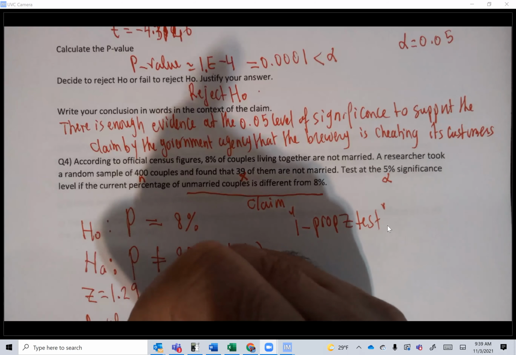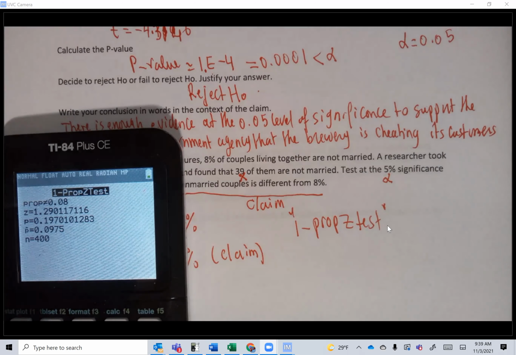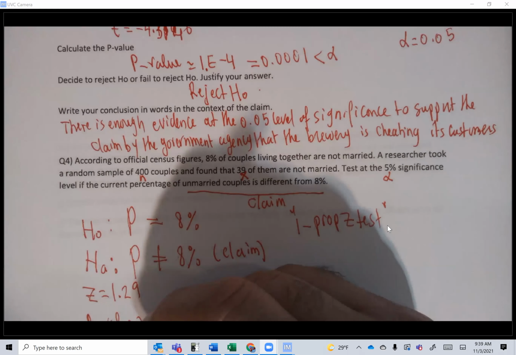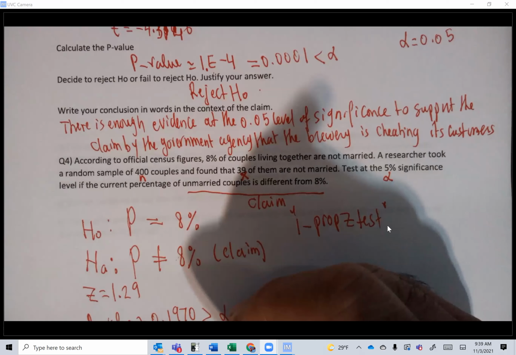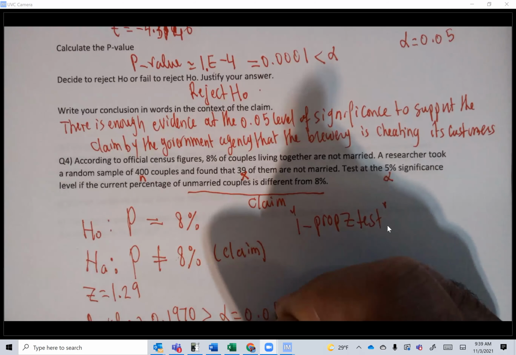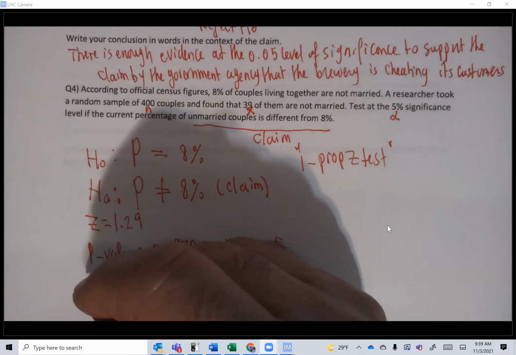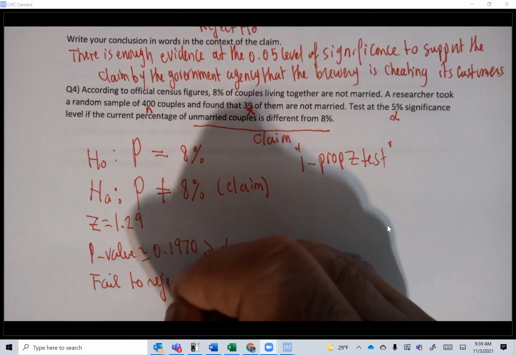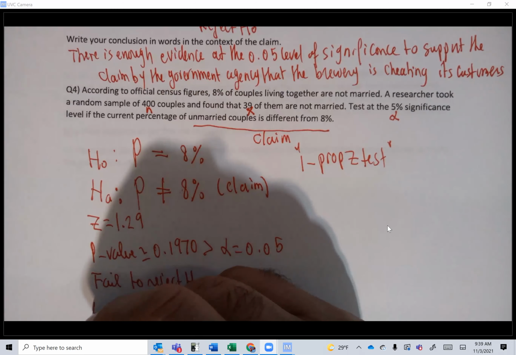P-value is big, so you're going to fail to reject HO, 0.1970, which is bigger than alpha 0.05. Fail to reject HO. And would someone volunteer to give me the conclusion here?